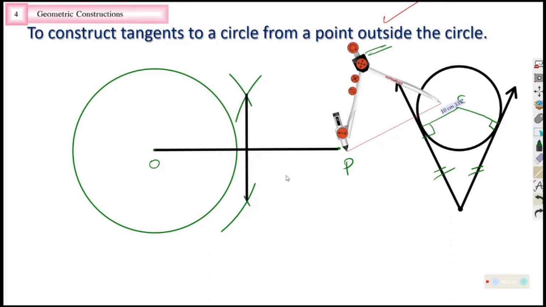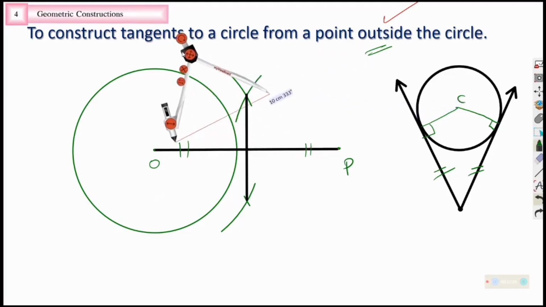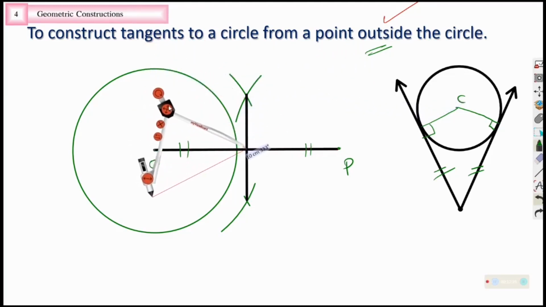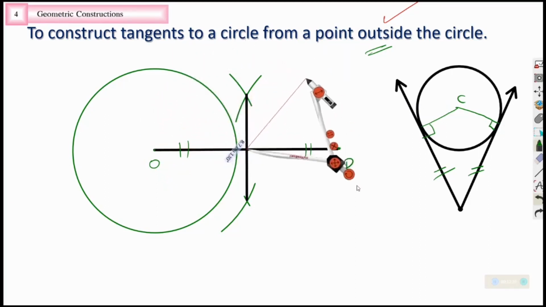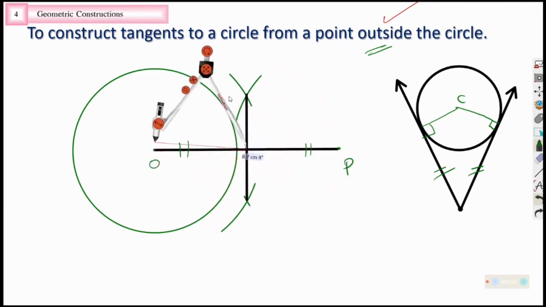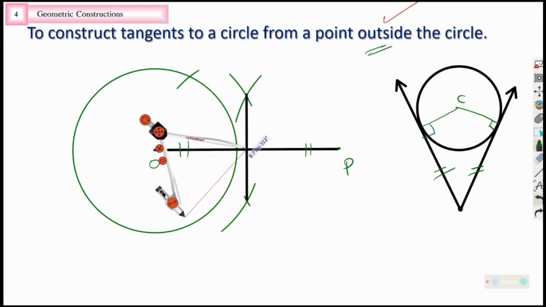Understood? We got the perpendicular bisector, which means this length will be equal to this length. If I draw a circle using this as center and the center of the circle as its radius, it will go through it, but we want an arc over here and an arc over here.